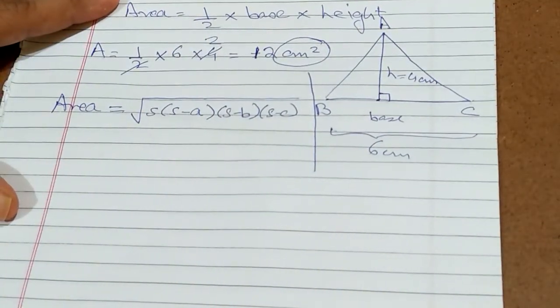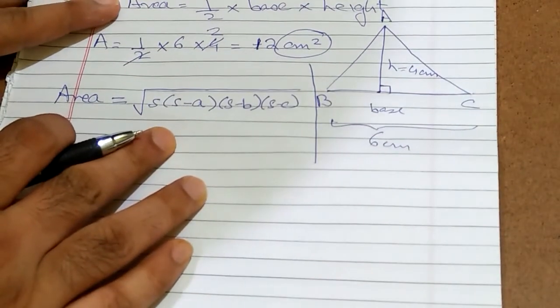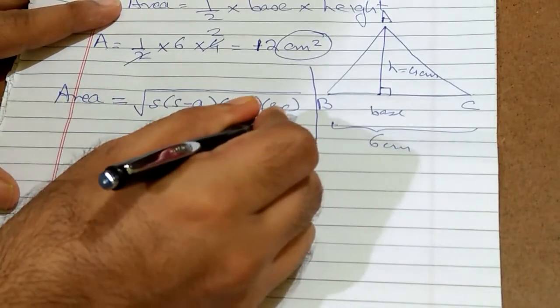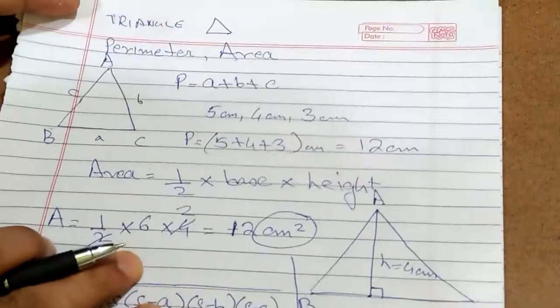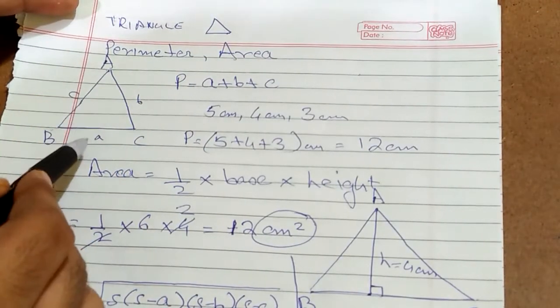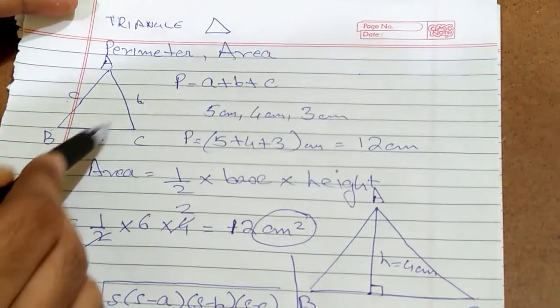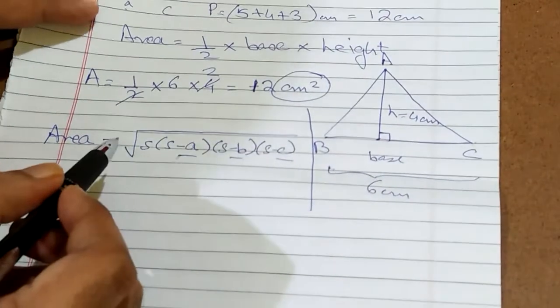What is this formula? And what is this S? Now, as you must be guessing it rightly, A, B, and C are the three sides of a triangle. Like here, if this is the vertex A, this is A, the side is B, and here the side is C. So small a, b, c represent the sides in this formula.